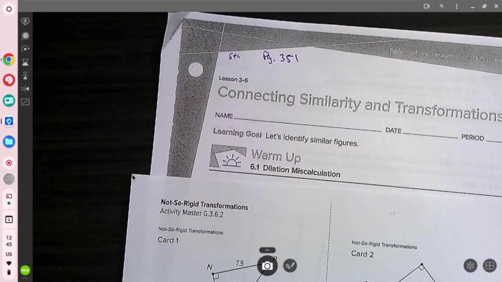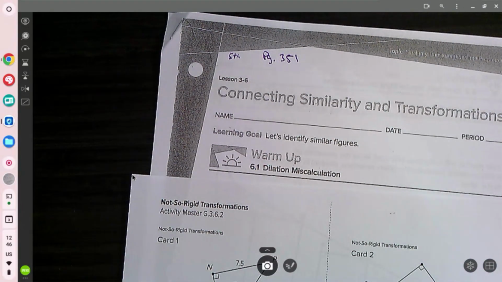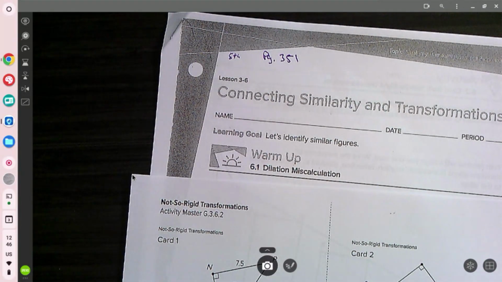Yeah. If you have all 6 cards, go ahead and put them just in one pile and set them aside. We don't need them right at this moment, but we're going to need them here soon.